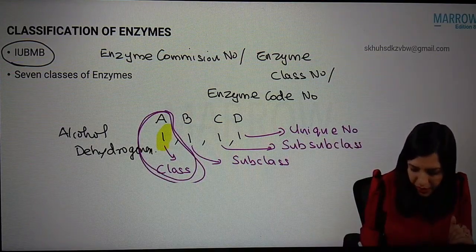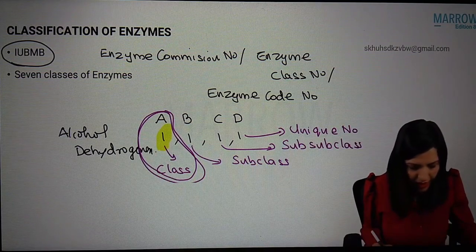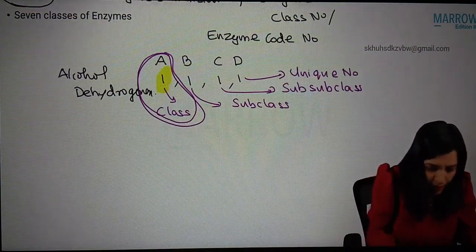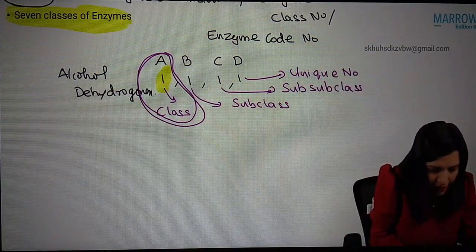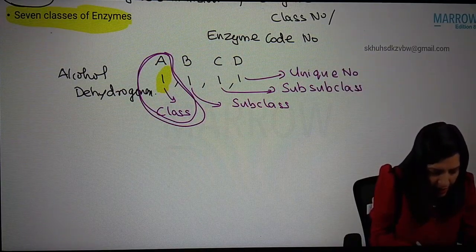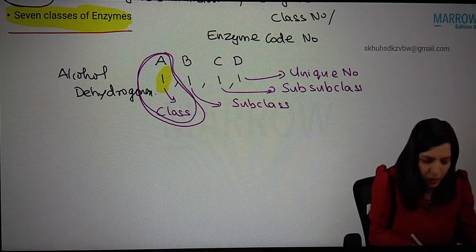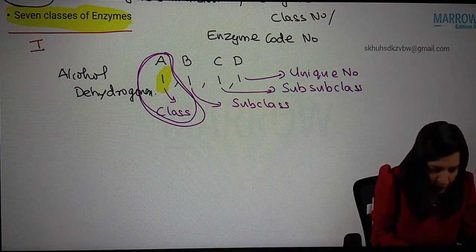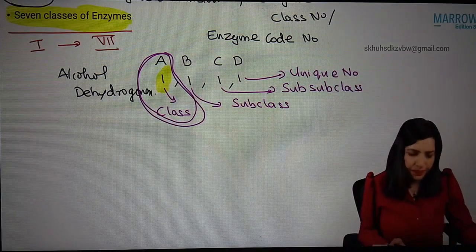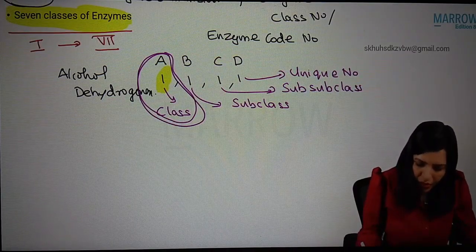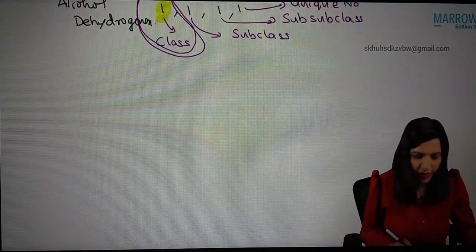In other words, the first digit has 7 values, which means there are 7 classes of enzymes numbered from 1 to 7. Okay, fine. Now we are going to see which are these classes of enzyme.